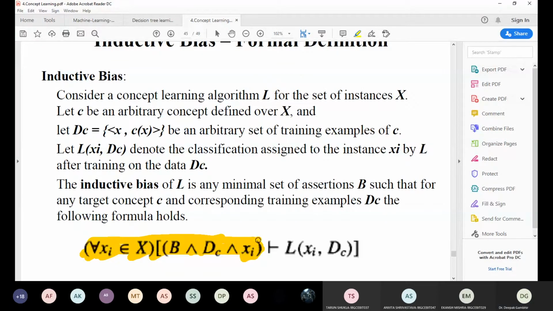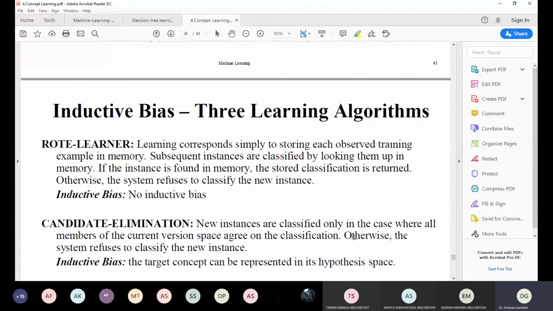So we can have the disjunction as well as the conjunction of the input hypothesis. This we completed in the previous class.